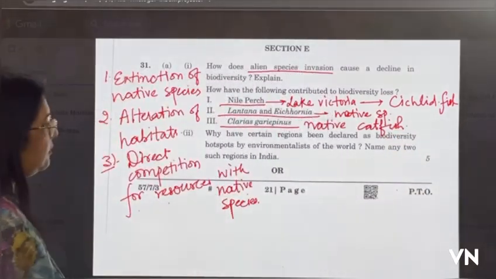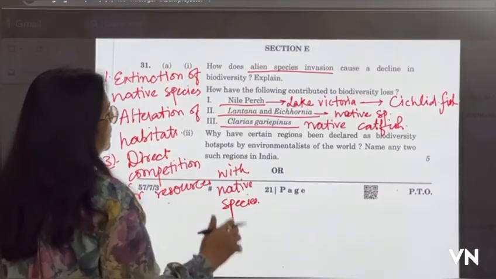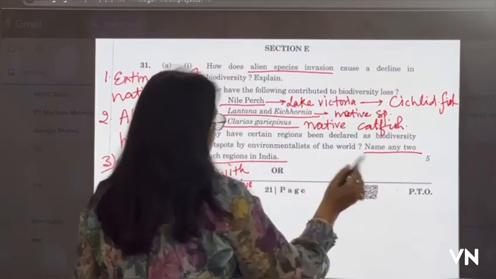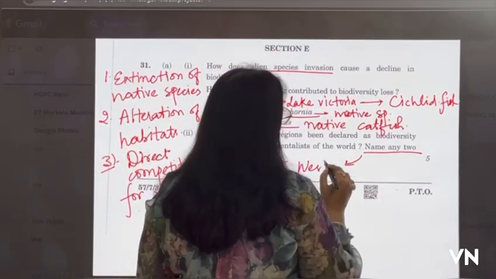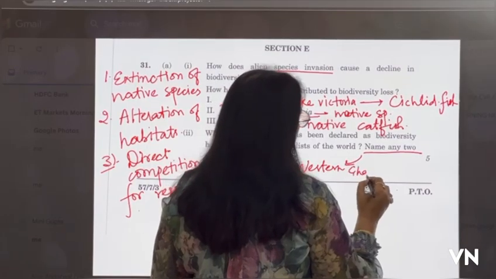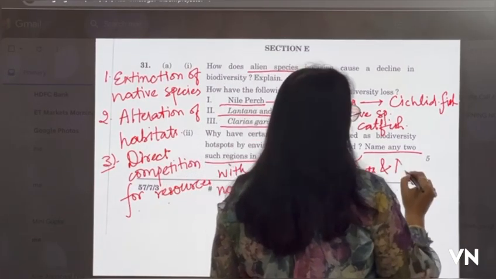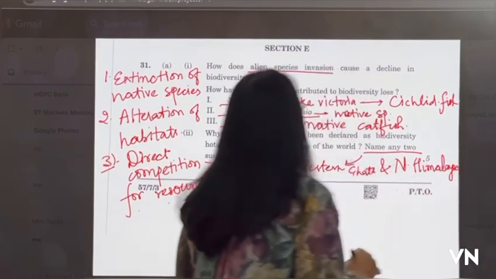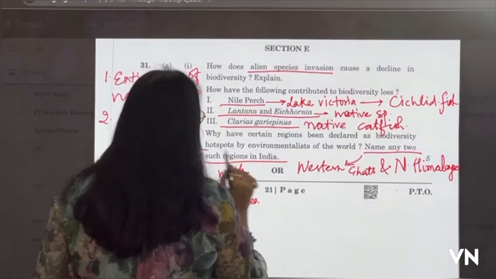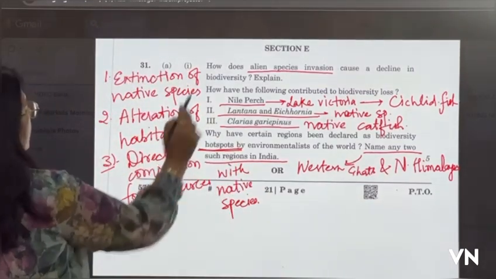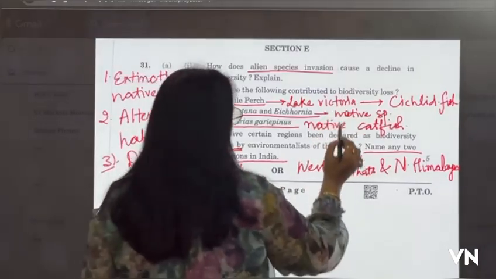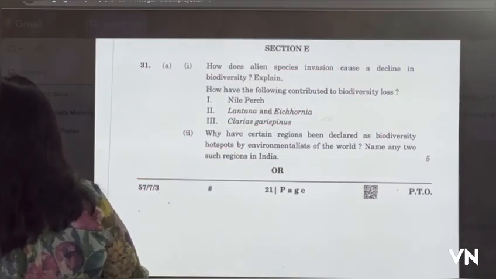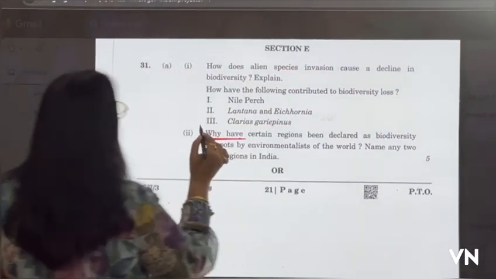Why have certain regions been declared as biodiversity hotspots by environmentalists of the world, and name two such regions in India? That is Western Ghats and Northern Himalayas. So 1.5 marks here, 1.5 marks here, 3 marks, and 1 mark for these 2 points, 4 marks, and 1 mark will be given for this reason.